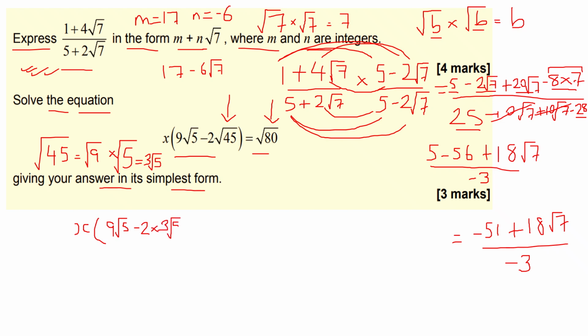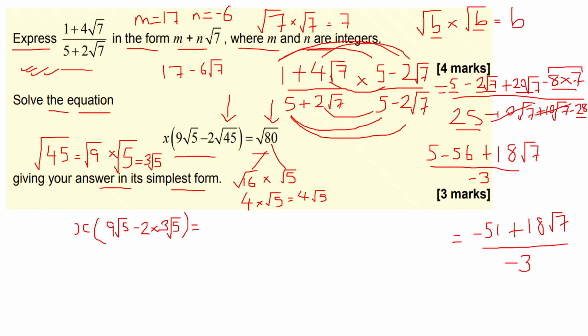And on the right hand side, equals √80, which is √16 multiplied by √5. √16 is 4, so 4 times √5 is 4√5.